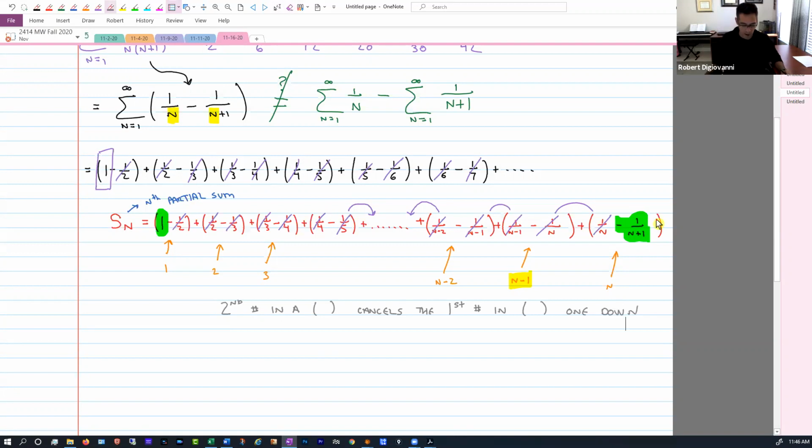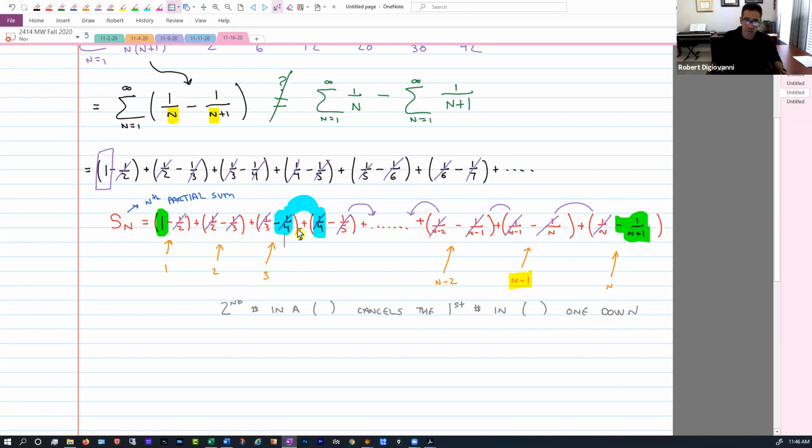Okay, so what do I mean by that? If you go to any one of these parentheses and look at the second number. So here, I'm gonna go this -1/4. That second number in that parentheses will cancel with the first number in the parentheses 1 down, 1 to the right. So that should kill off the first one, 1 parentheses down.